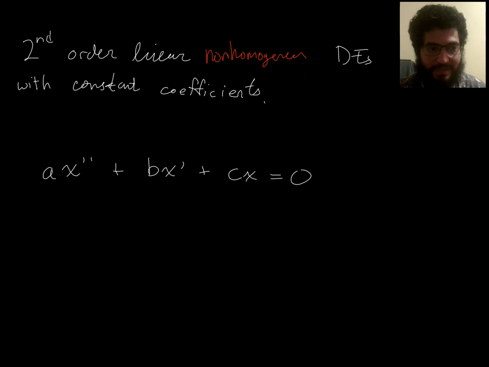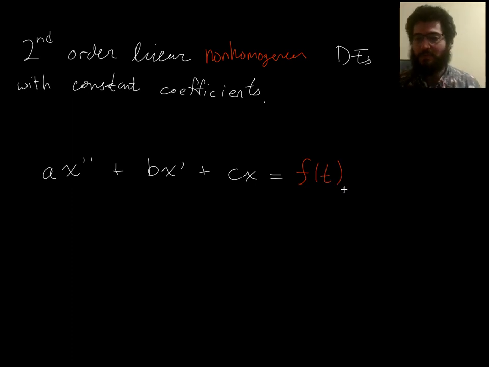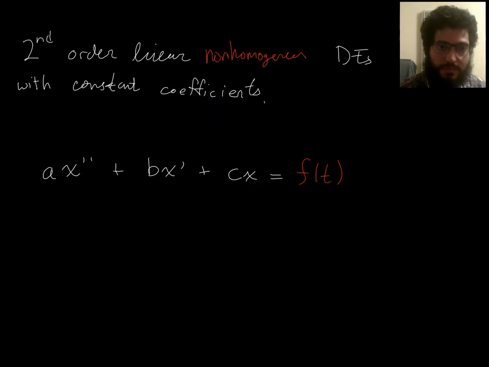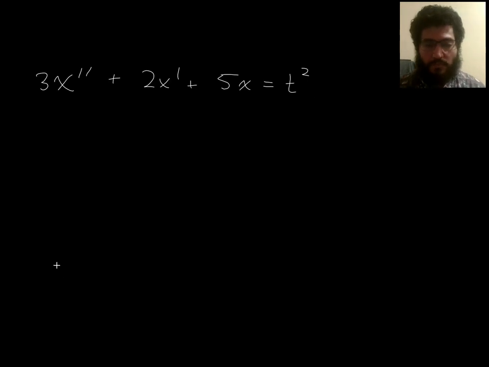What that means is, instead of putting 0 on the right-hand side, we allow a function of t to be on the right-hand side. It doesn't actually have to be a function of t. It could be a constant, then that would still be non-homogeneous. Or it could be an actual function of t. So here is an example.